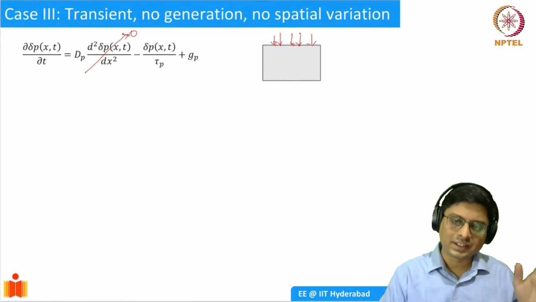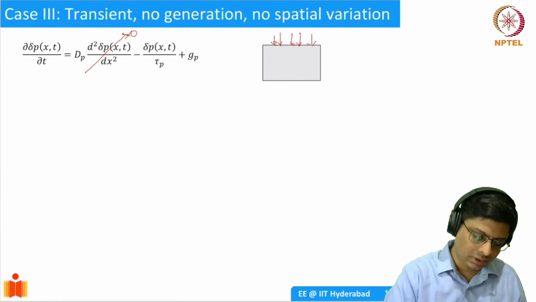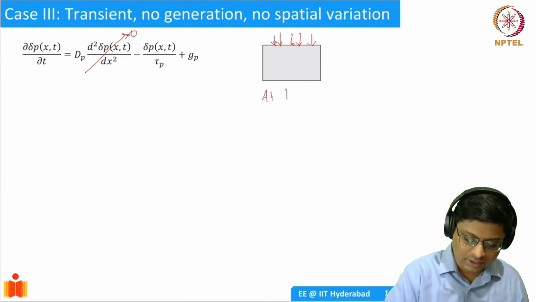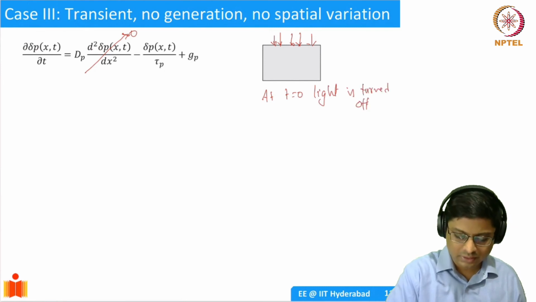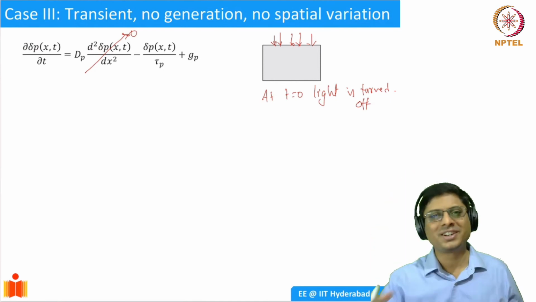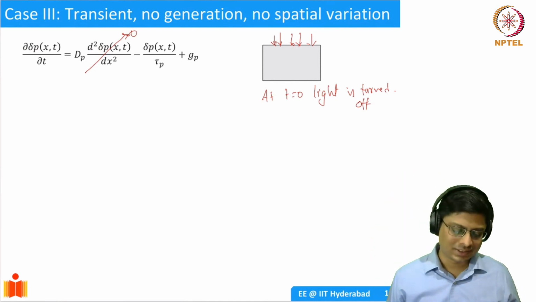And then at time t equal to 0, I'll switch it off. Okay, so at t equal to 0, light is turned off. Right. So we already said that it's going to exponentially decay, and the time constant is tau p. Right? I just want to show you that.